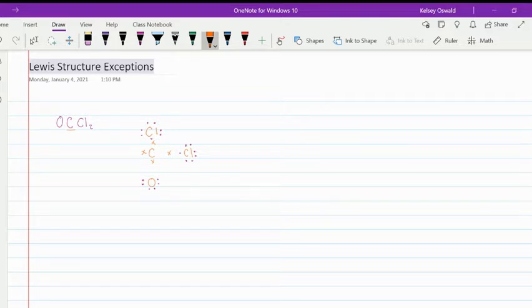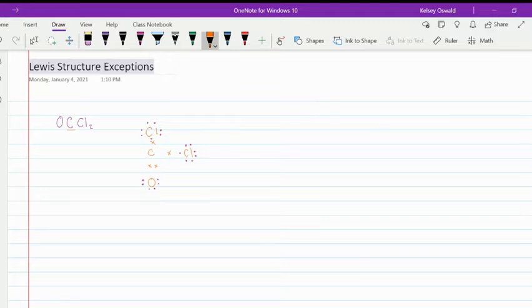Likewise, oxygen has 6 valence electrons, so it needs 2 more. It's going to get those 2 valence electrons from the carbon in the center. The carbon is going to move 2 of its electrons so that the oxygen can share those. Now looking at the oxygen, we have 1, 2, 3, 4, 5, 6, 7, 8 valence electrons. So now our chlorines have 8 and our oxygen has 8. Now we need to look at our carbon.